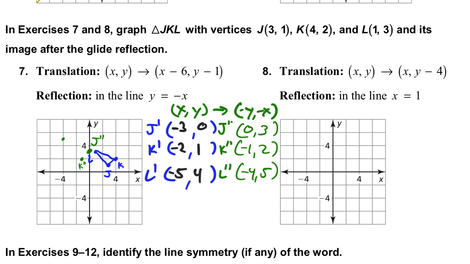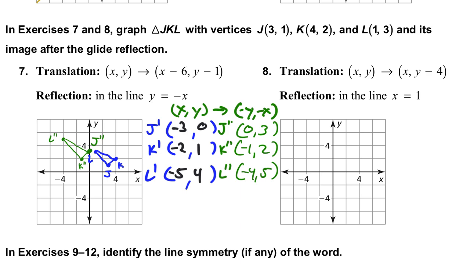There's my L double prime. So I continue connecting these, and there's my new one. Yeah, so there we go. There is your glide reflection.